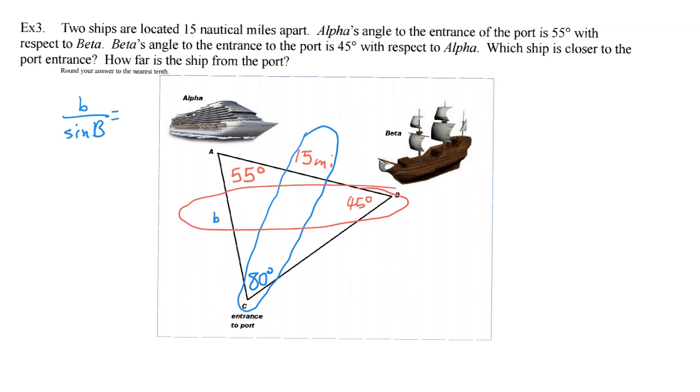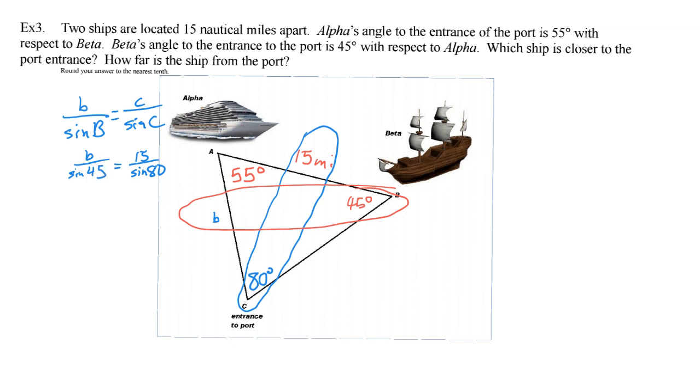So we're going to have B over sine B is equal to C over sine C. So let's substitute directly in. So we've got 15 over sine of 80 is equal to B over sine of 45.